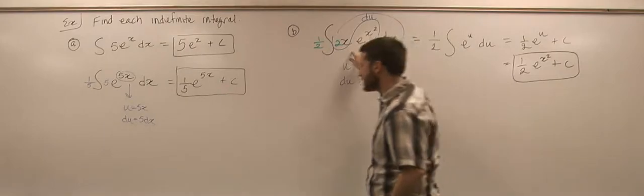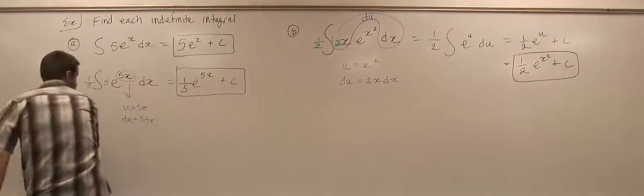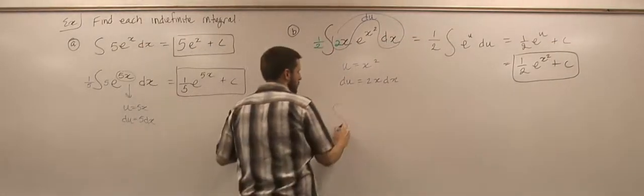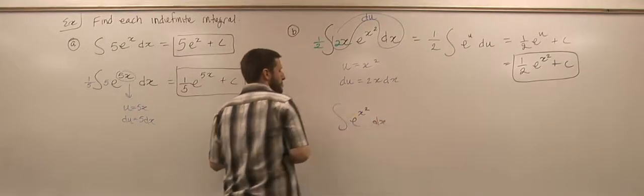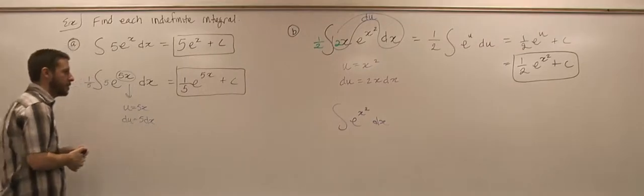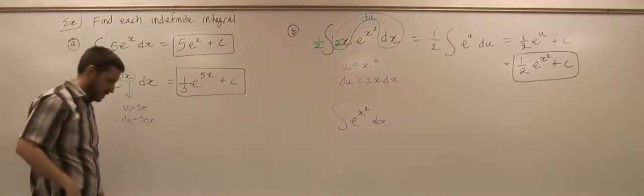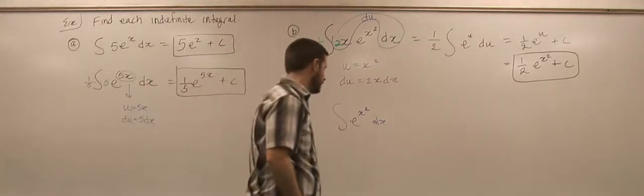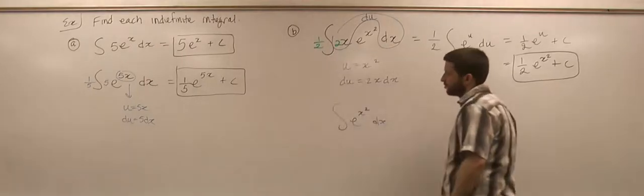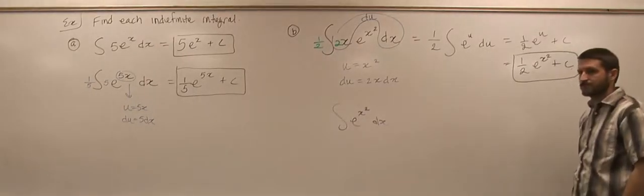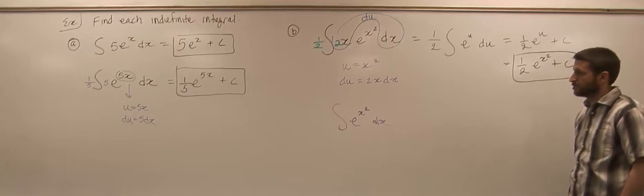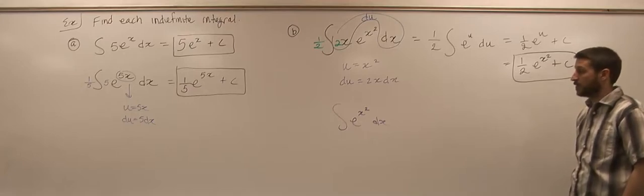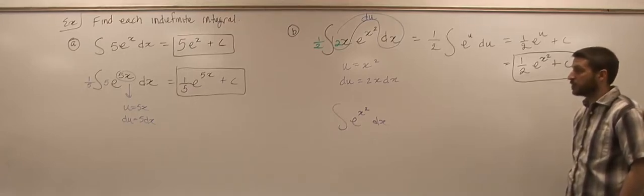What if I take this x out? What if I gave you this? How do you feel about that? Don't know what to do with that. That's a good answer.